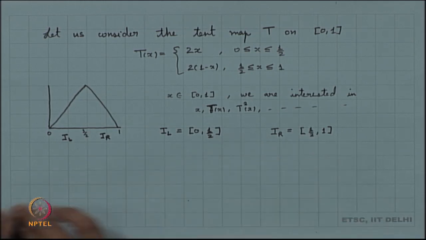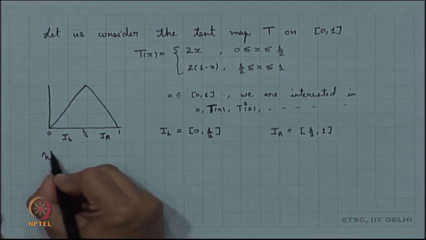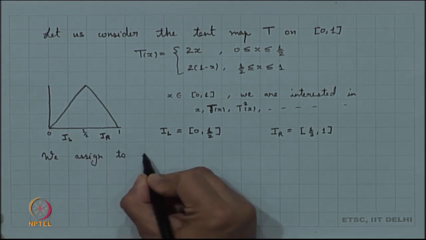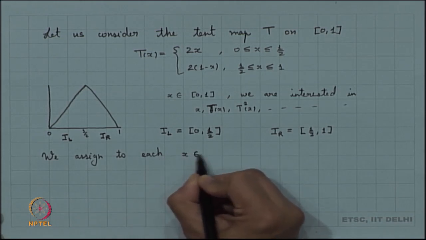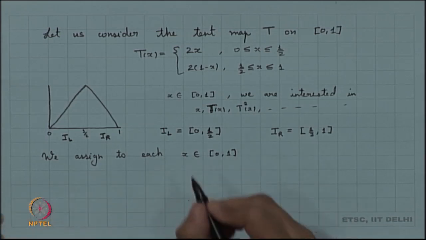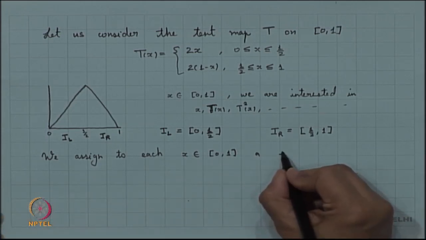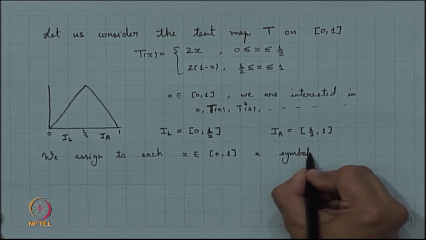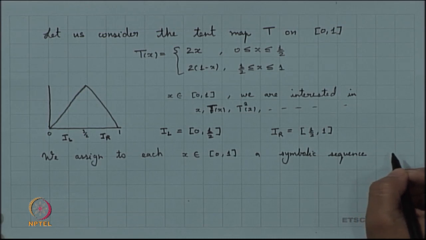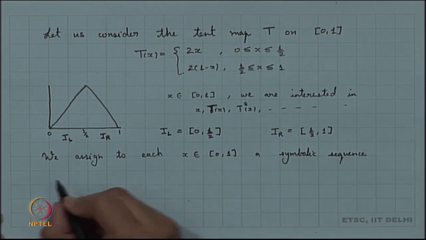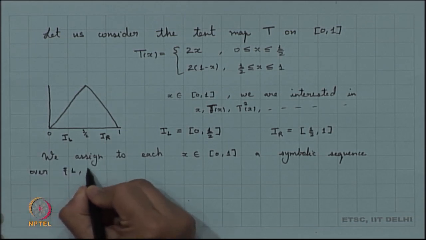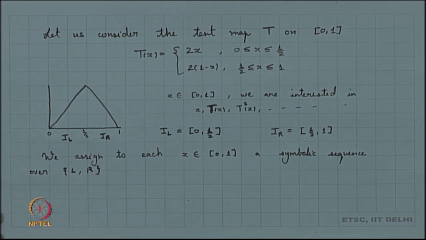Now, dividing this into 2, to each x in [0,1] we assign a symbolic sequence over this alphabet {L, R}.